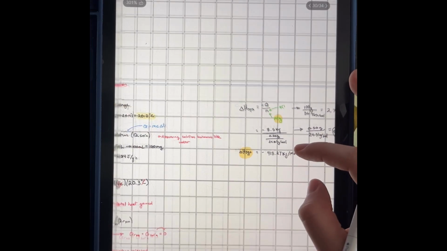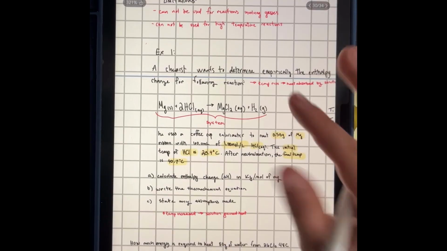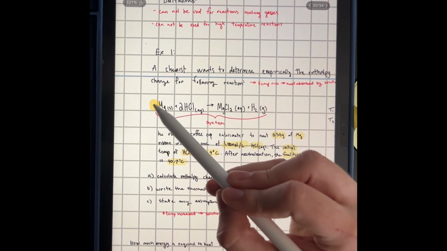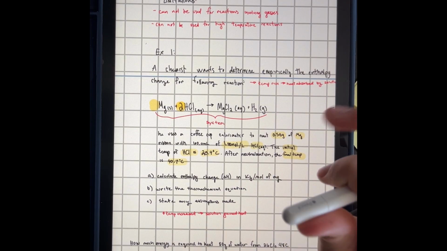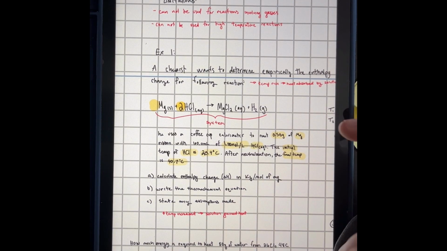The Q is in terms of the moles of Mg. Mg has 1 mole, this has 2 moles. We need to multiply by some molar value, but I don't know what.